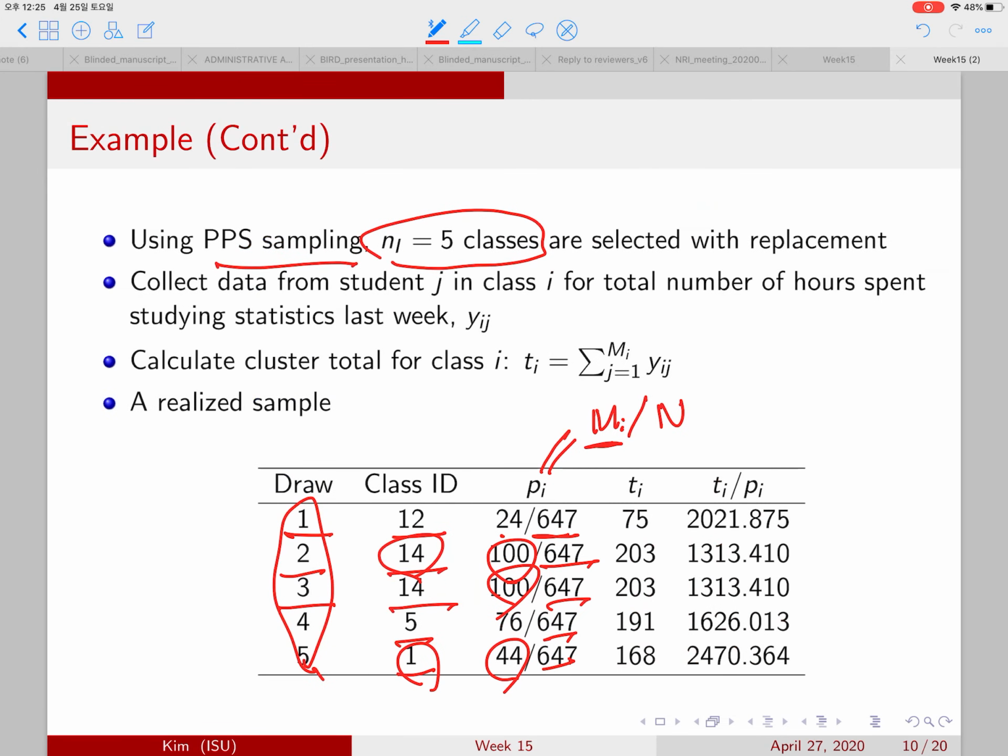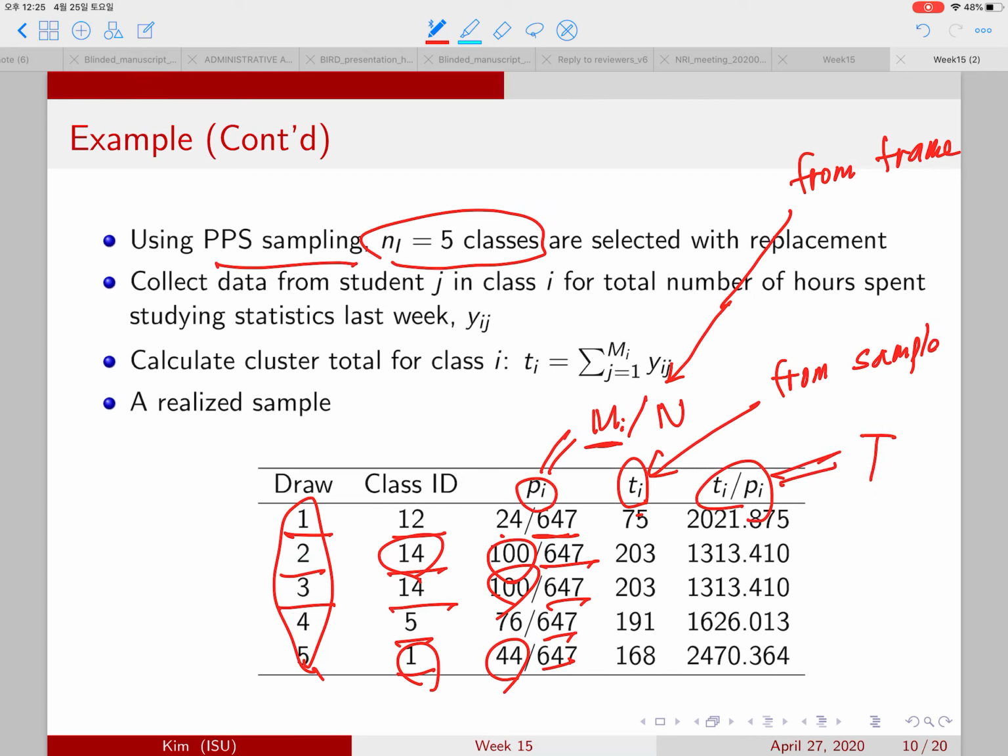So this you can compute from the sampling frame, and this one you can obtain from the sample, right? This one is from the frame. And then once you have this, you can construct T hat k, where k equals 1 to 5. So that is the structure.